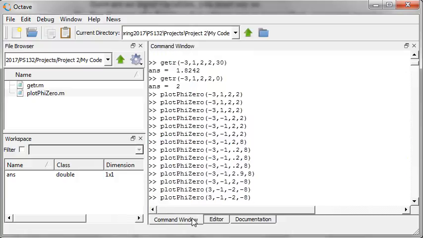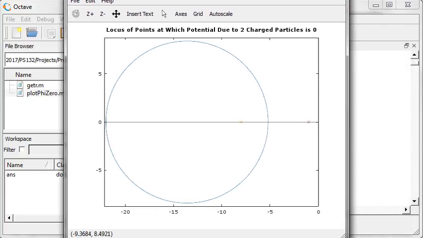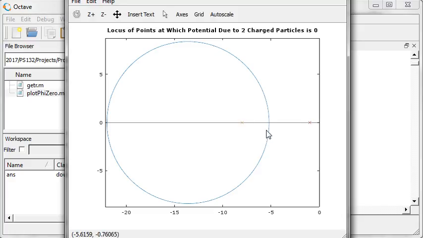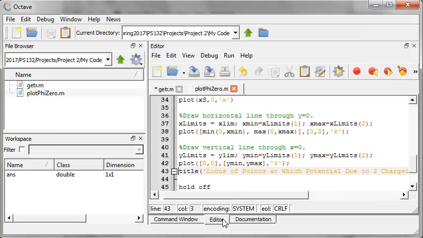Alrighty. Actually, I think that's alright. Locus of points at which potential due to two charged particles is 0. And it does show the two charged particles as well, but we can only fit it as a title, not a descriptive paragraph. So I think that should be enough.